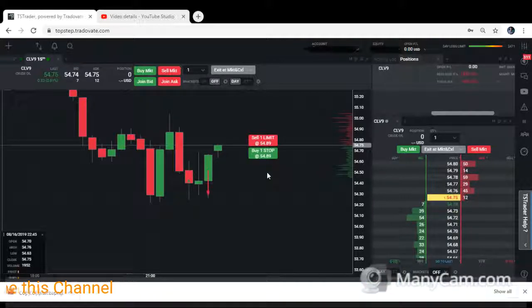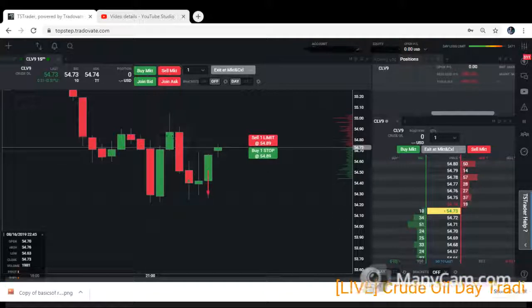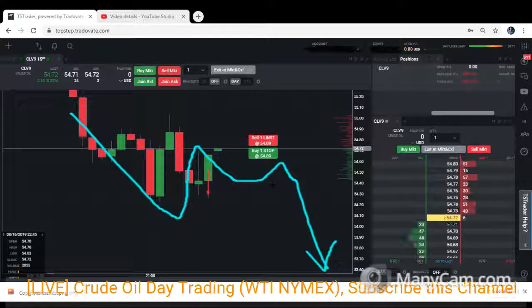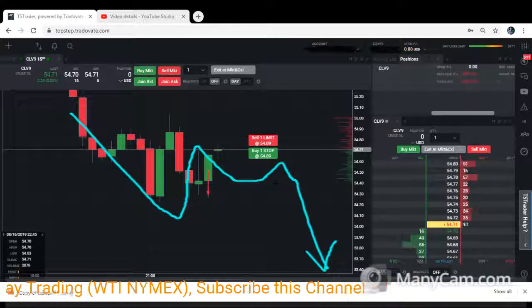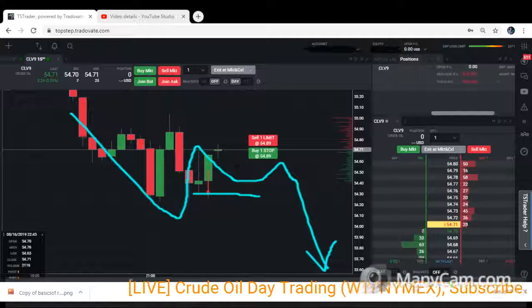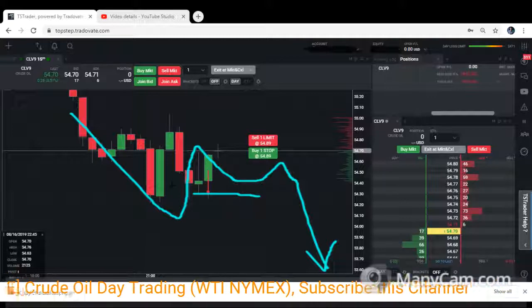Okay, we'll see. Maybe this is a typical sideways movement, and then further down maybe after before lunch US time. That's what I'm expecting. So the signal might be valid. No, still valid.